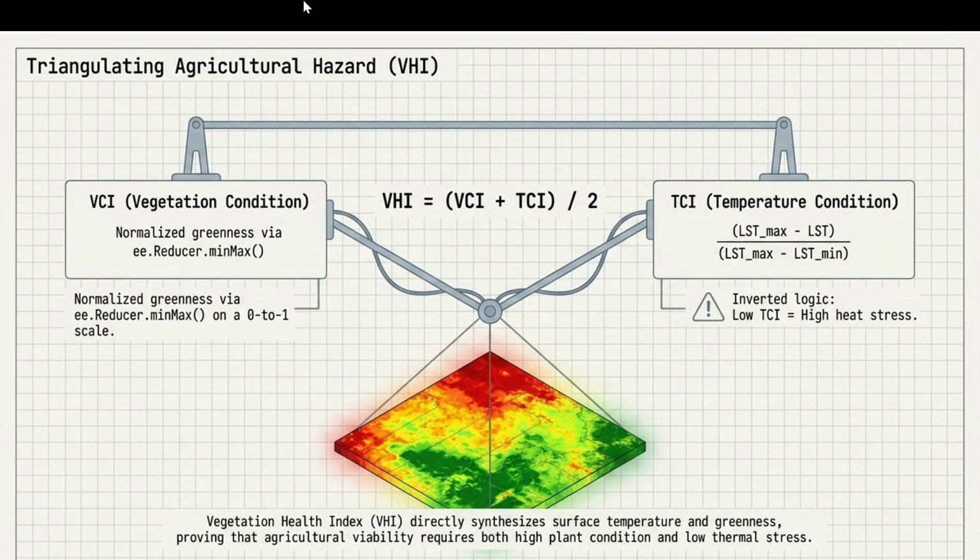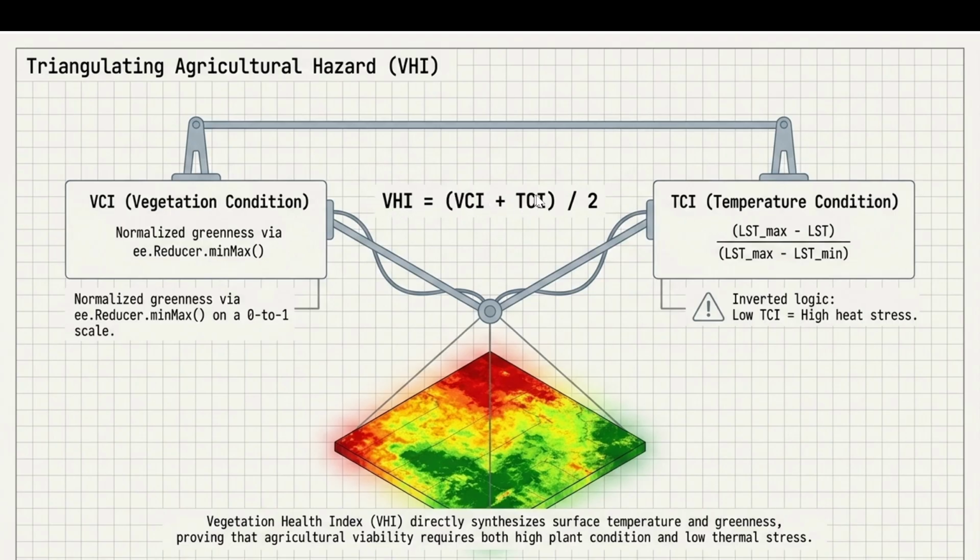And this is the VSI. When you compute it, it is called the vegetation health index. It depends on two factors, the VCI factor and the TCI factor. The VCI is the vegetation condition index, normalized greenness. So we compute the VCI and also the TCI, and further, using the VCI and TCI, we compute the VSI.